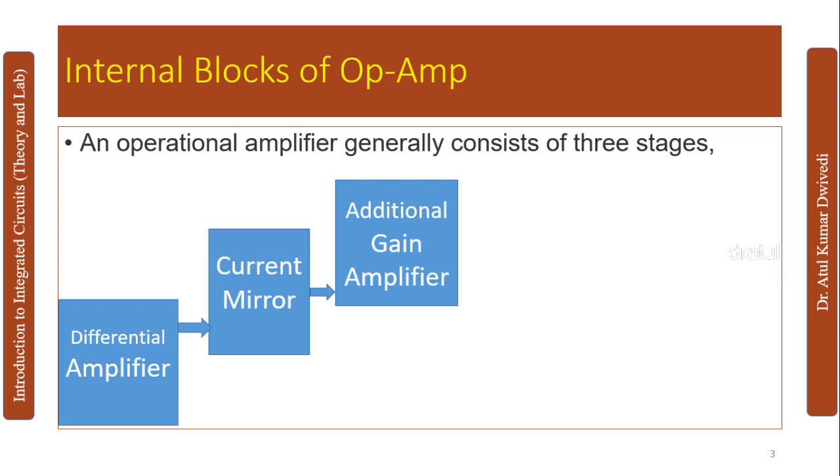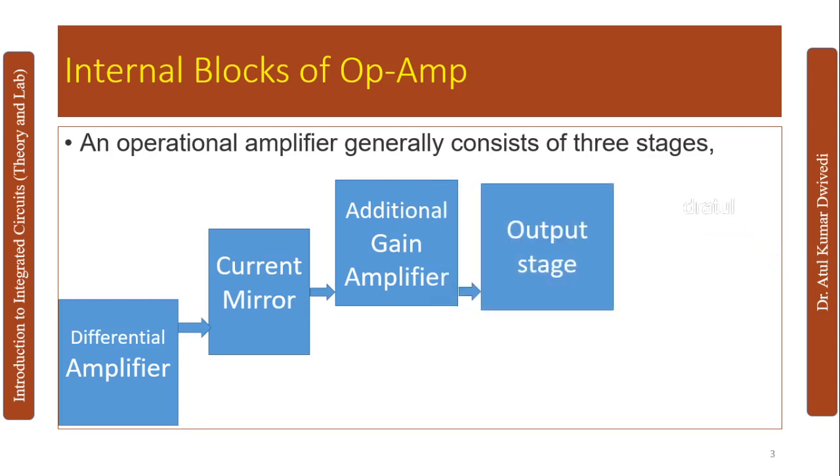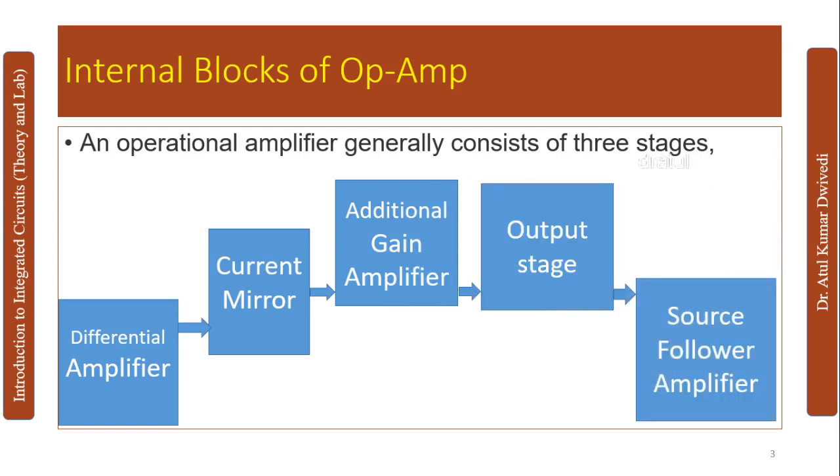And the fourth stage is the output stage, which consists of a common collector or source follower circuit. In this way, operational amplifiers are created. And for protection of the op-amp from short circuits and other problems, there is also protection circuitry.